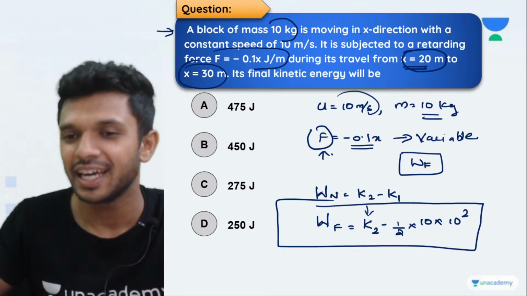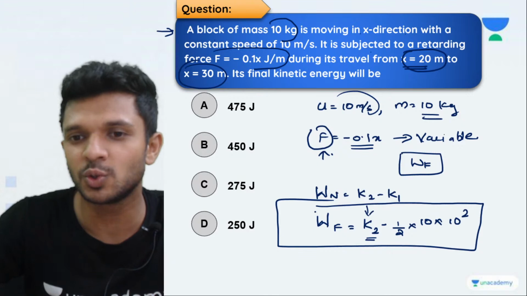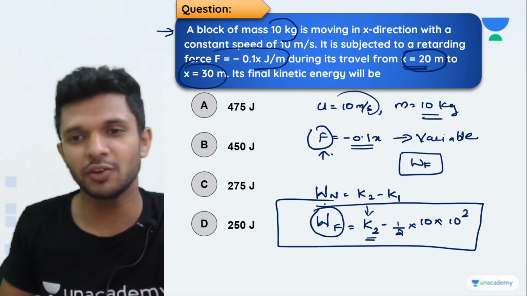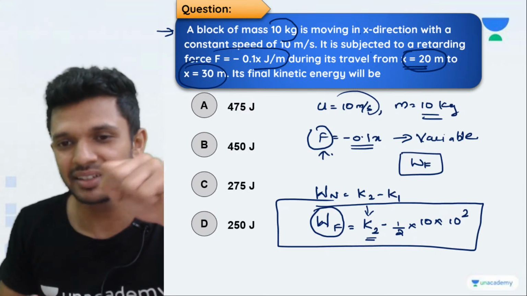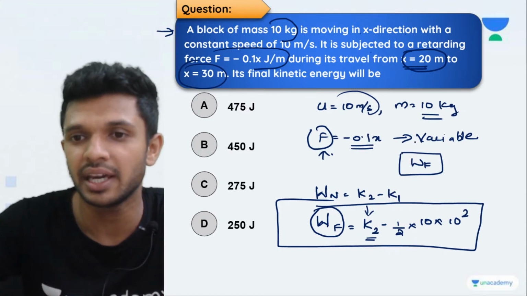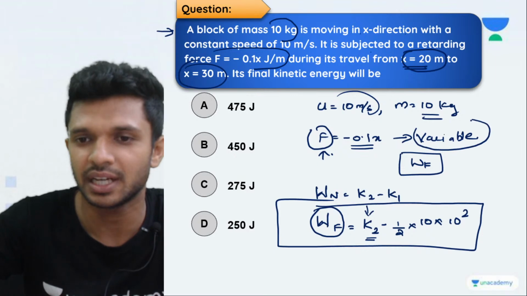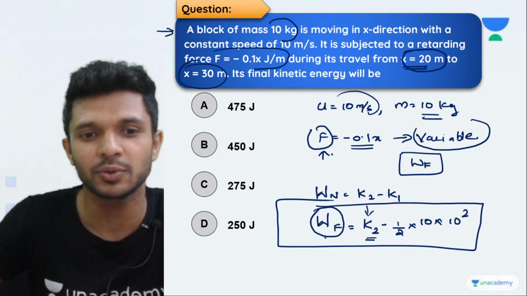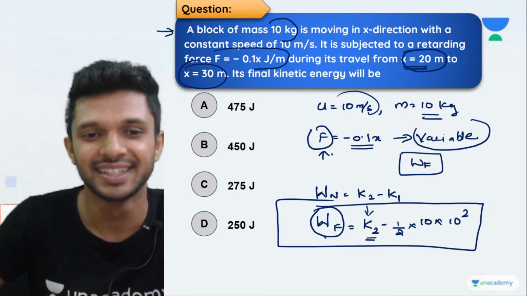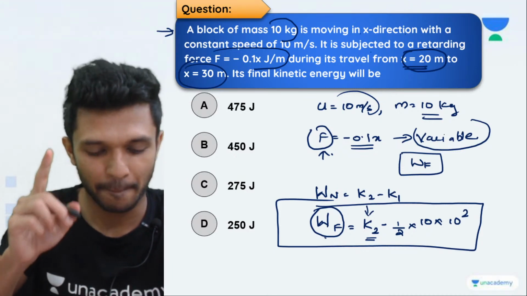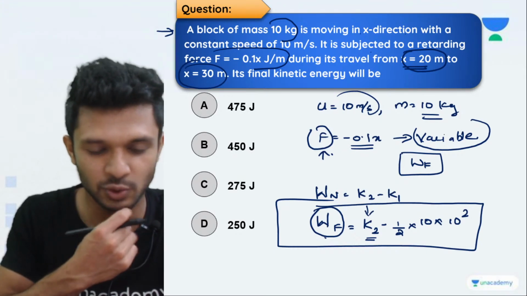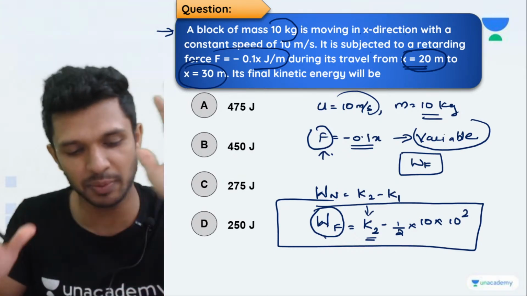K2 कैसे? If you want to find out K2, you should have the value for the work done by the force. How many of you remember the method to find out the work done by a variable force? The work done by the variable force has to be found out, then only you'll get K2. किसको याद है? Alka has given me 475. Let me check.